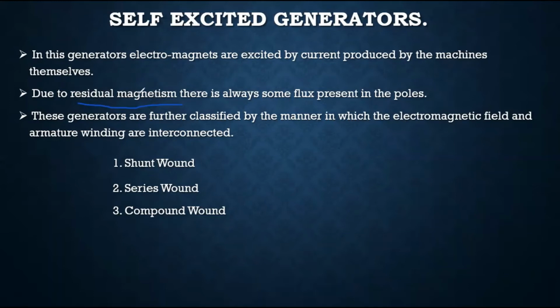With that, the buildup of current will happen in our generator. Initially, because of the small amount of current, the generator produces more current, and that more current is again fed to the generator for producing more and more current. So our self-excited generator can again be classified into shunt wound, series wound, and compound wound.